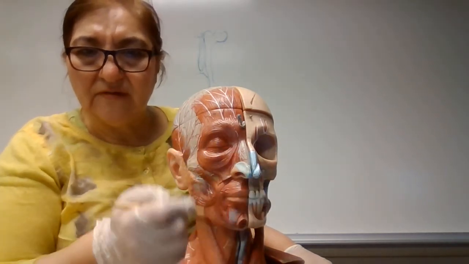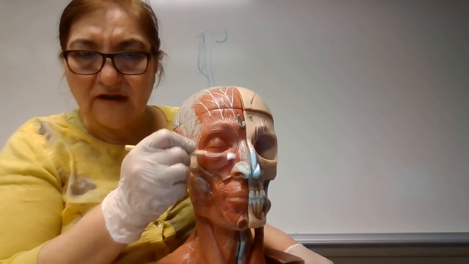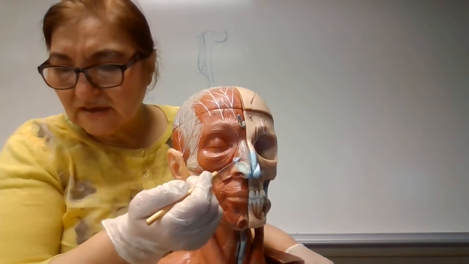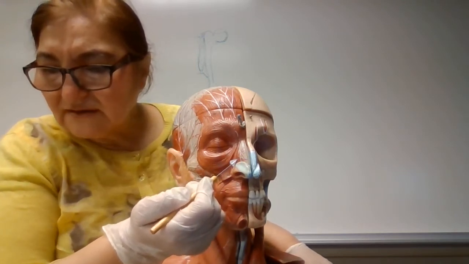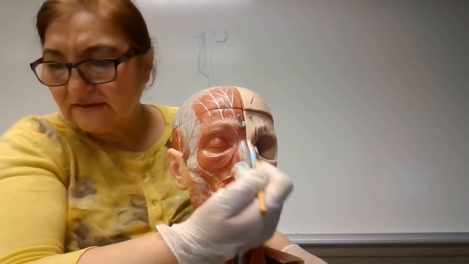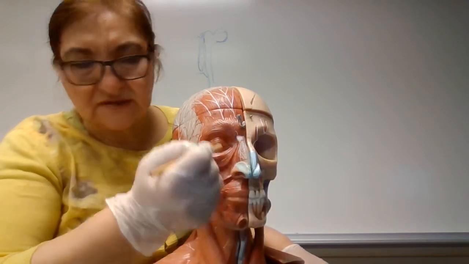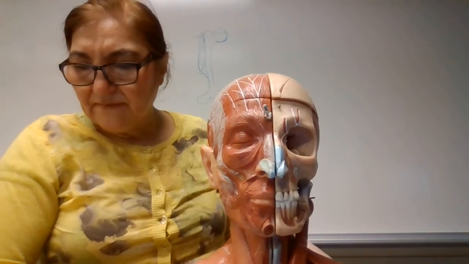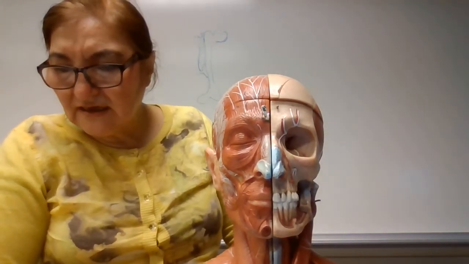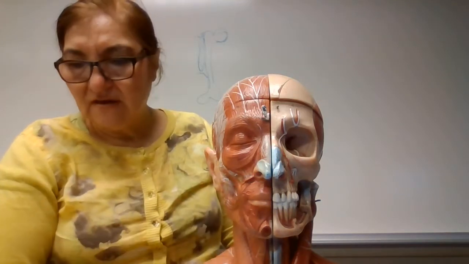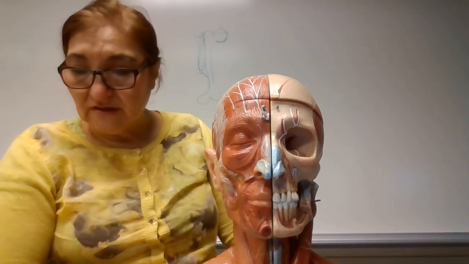The insertion is the muscle of the opposite side, the skin over the bridge of the nose. The action is to maintain opening of your nose. And the nerve is going to be facial.